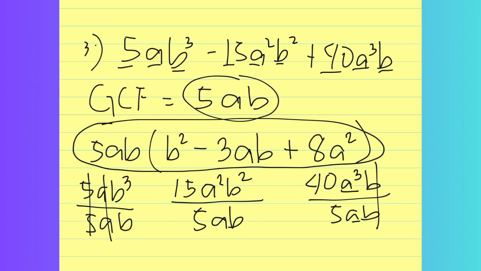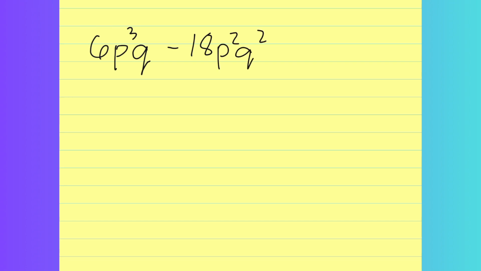Next, another example. If we have 6p cubed q minus 18p squared q squared plus 48pq cubed.